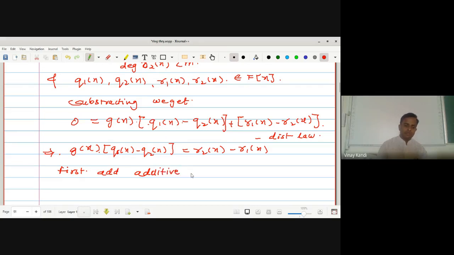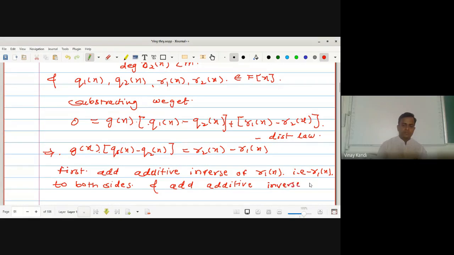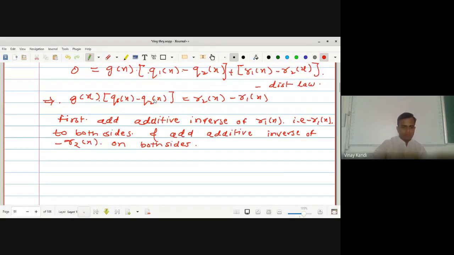Additive inverse of r1 of x, that is minus r1 of x, additive inverse to both sides, and add additive inverse of minus r2 of x on both sides. Okay, this is the reason for this step.